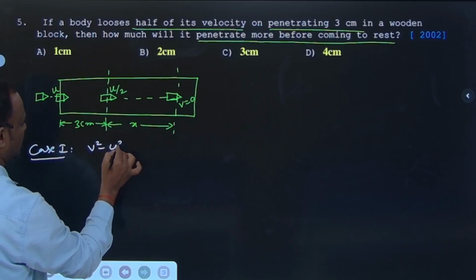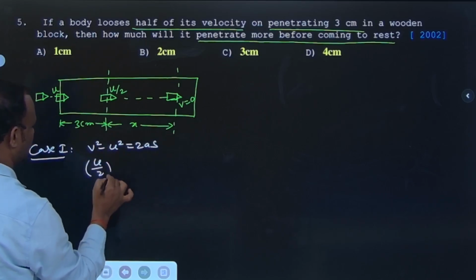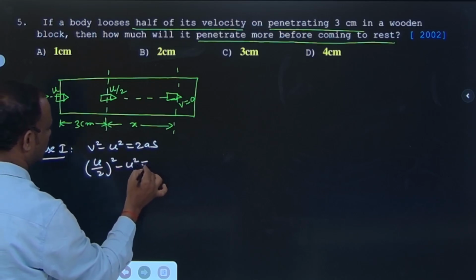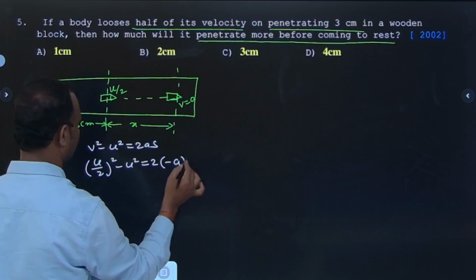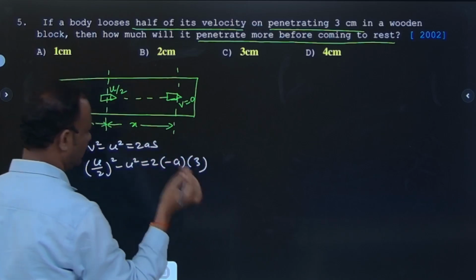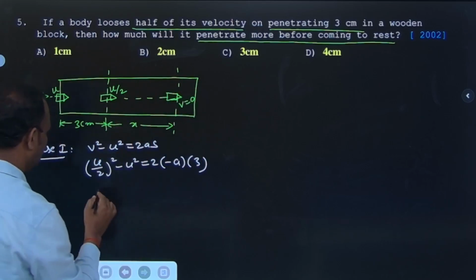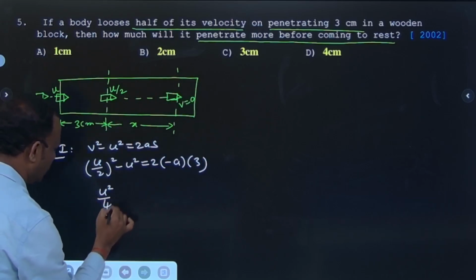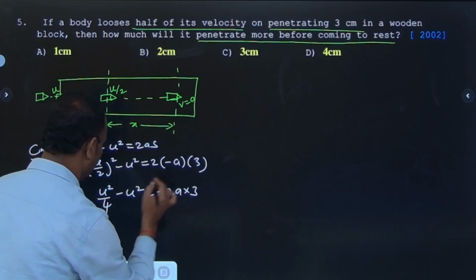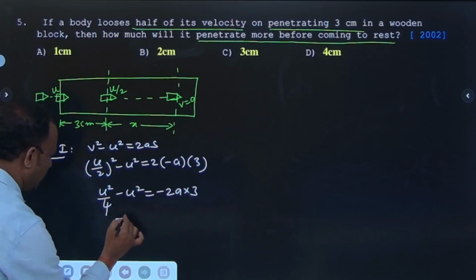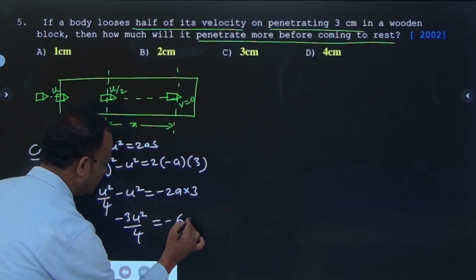Case 1: v square minus u square is equal to 2as. So (u by 2) whole square minus u square is equal to minus 2a into 3, with distances in centimeters. So u square by 4 minus u square is equal to minus 6a. That is, (u square minus 4u square) by 4 is equal to minus 6a, so minus 3u square by 4 is equal to minus 6a.